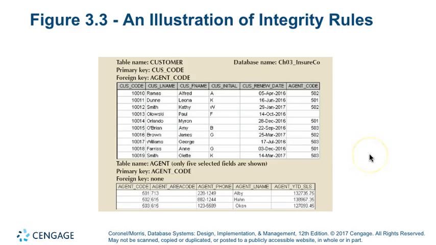Now we're looking at integrity rules here. Do we have a broken rule? Well, I see one right here. We don't have an agent referred to by customer 10013. Now there may be other fields about agents that we're not listing here.